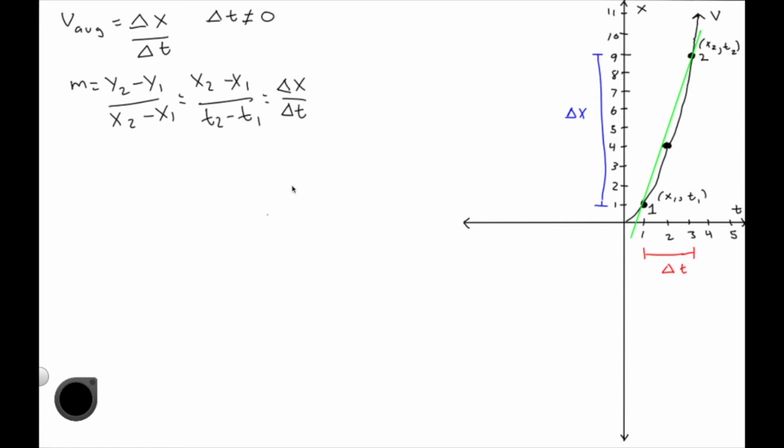And so now we have delta x over delta t, which is the change in x values over the change in t values, or in other words, change in displacement over change in time, which is going to be the same as the formula we have up here, which is the formula for our average velocity. So now we can just say that delta x over delta t is the same as the average velocity, and this is the reason why the slope of this line is going to be the same as our average velocity.